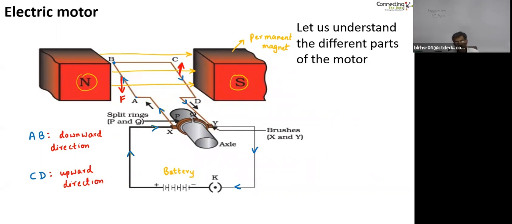So what we have created is 2 forces, one upward, one downward. It is going to create a rotational motion of the coil, and that causes the coil to rotate. So what we've done is converted electrical energy into mechanical rotational energy of the coil.